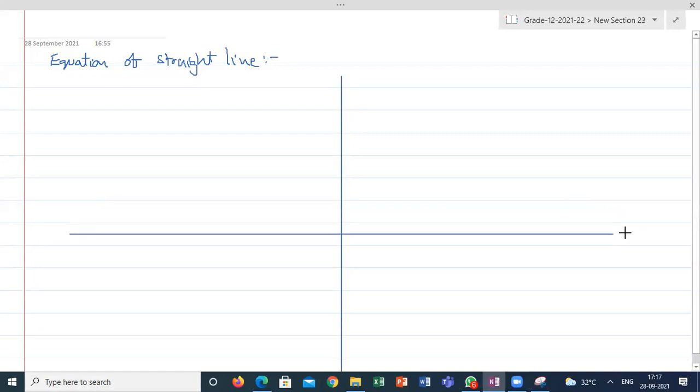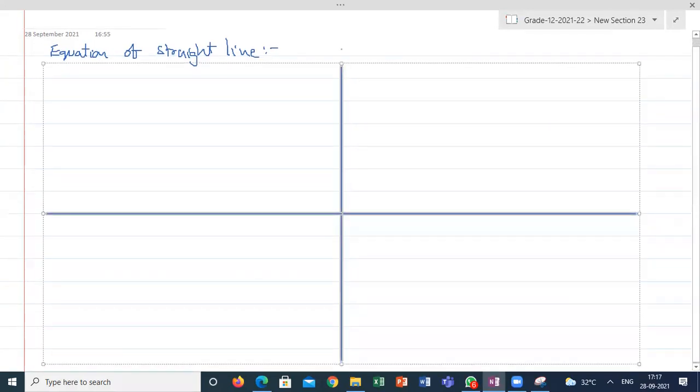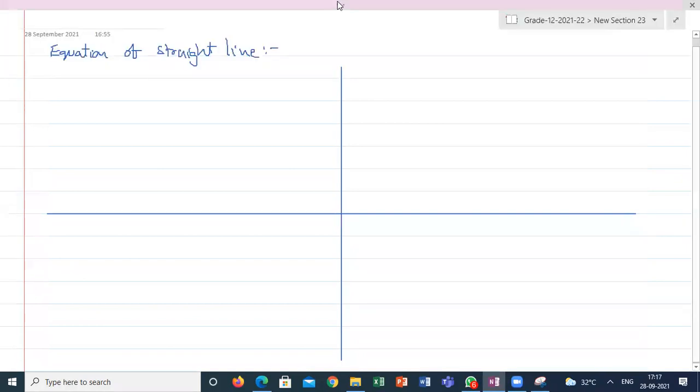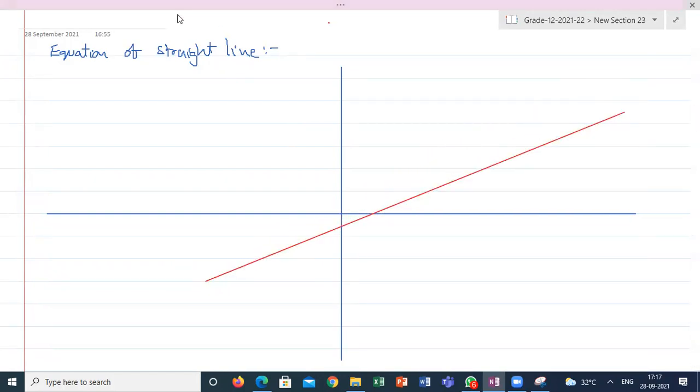First of all, if I am taking a reference system like this, and I'm giving 2 points, by joining the 2 points we get a straight line. If I know the 2 points on the line, you can calculate the slope and everything. Suppose A is one point, x1 comma y1, and B is another point, x2 comma y2.